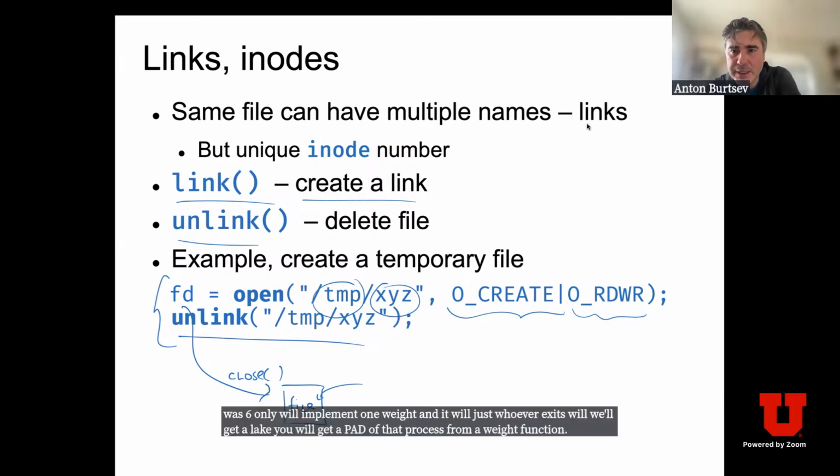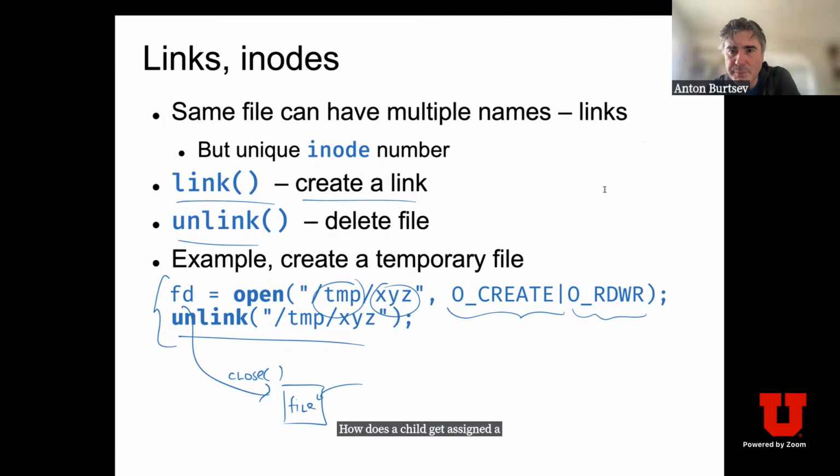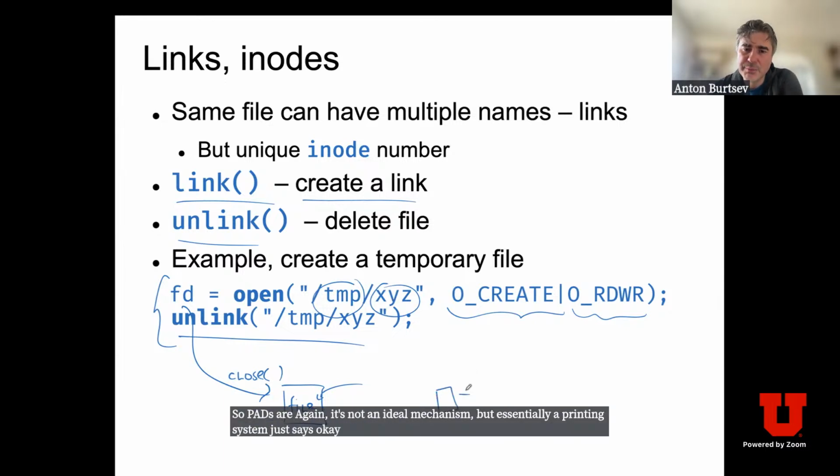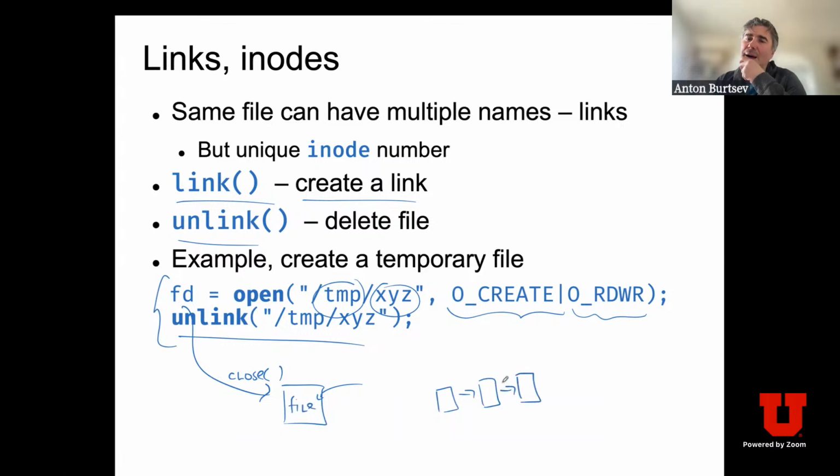How does a child get assigned a PID other than 0? So PIDs, again, it's not an ideal mechanism, but essentially an operating system just says, okay, I have a list of processes. Now, as I think about it, it tries to assign them sequentially.